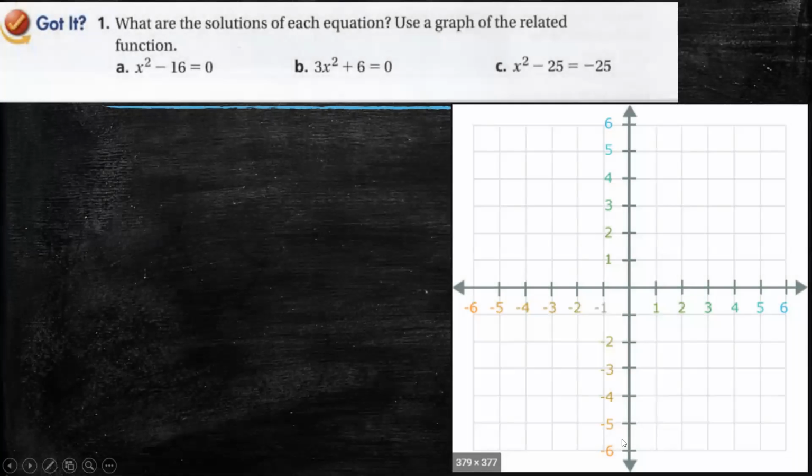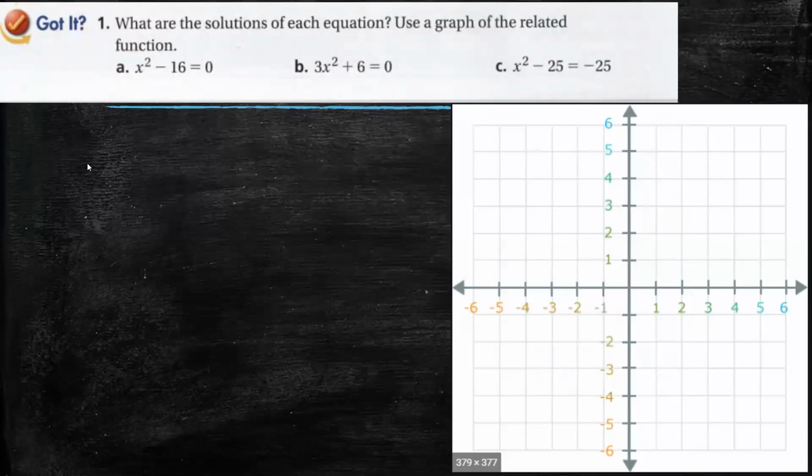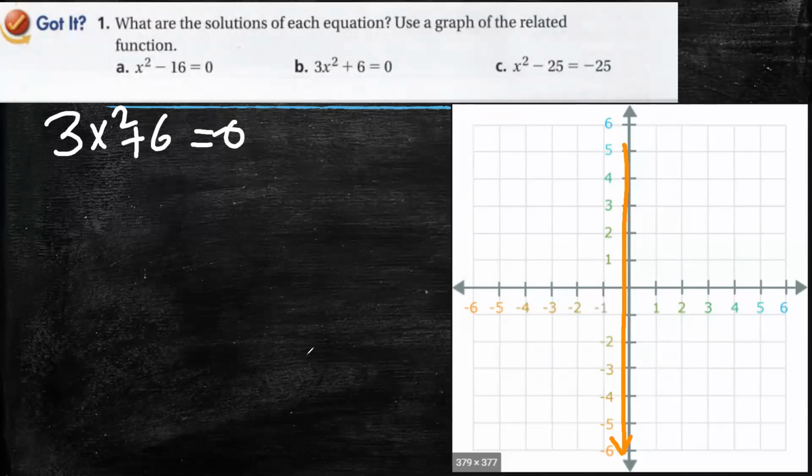Now come back here. 3x squared plus 6. Let's draw it now. As I told you, you must write it in the standard form. 3x squared plus 6. Since there's no b, that means this is our axis of symmetry.